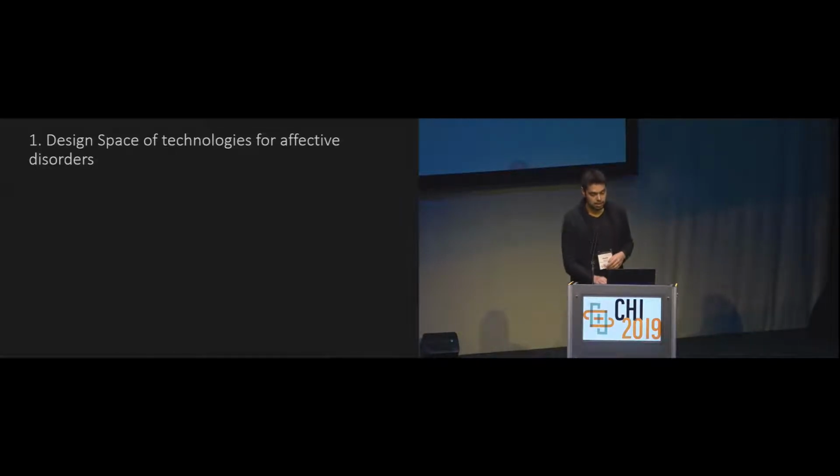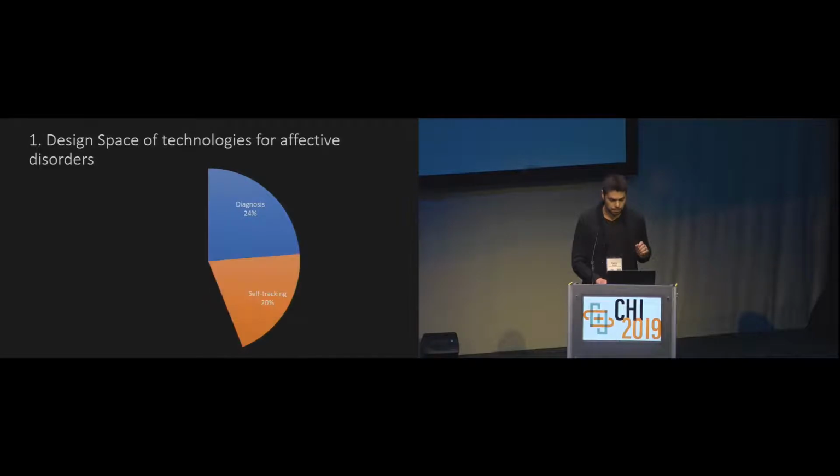So broadly speaking, in the design space of technologies for affective disorders, there was a major focus on what we call data-driven systems, which have a focus on sensing, processing, and displaying data.